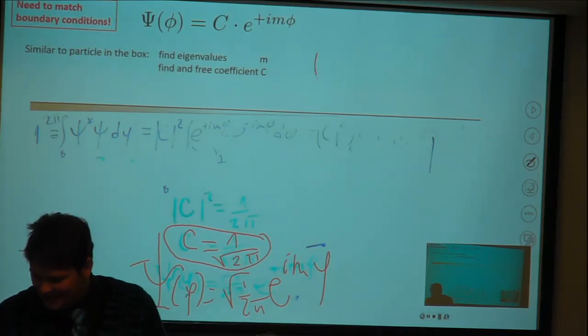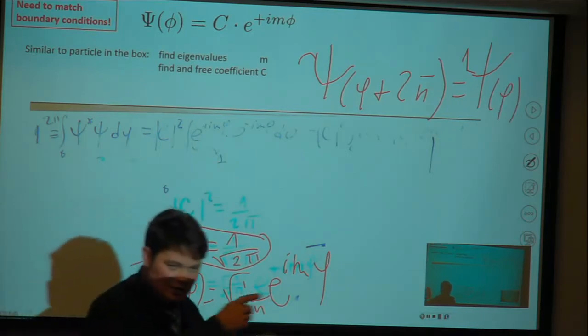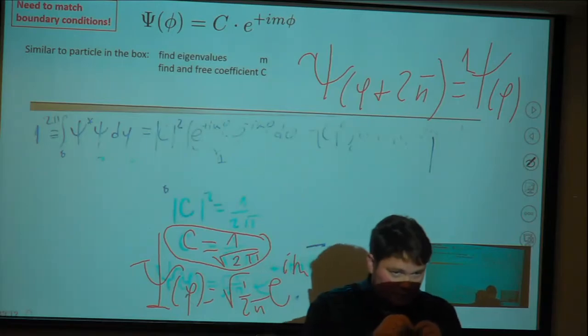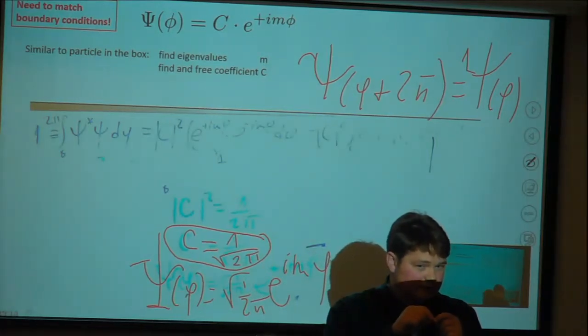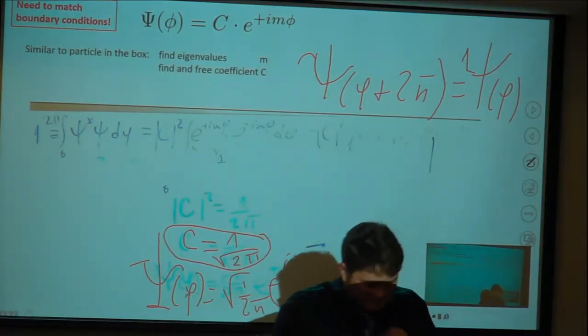So psi of phi plus 2 pi should be psi of phi, right? So after making the full cycle, the function should be equal to itself. Like sewing together, having no seam.